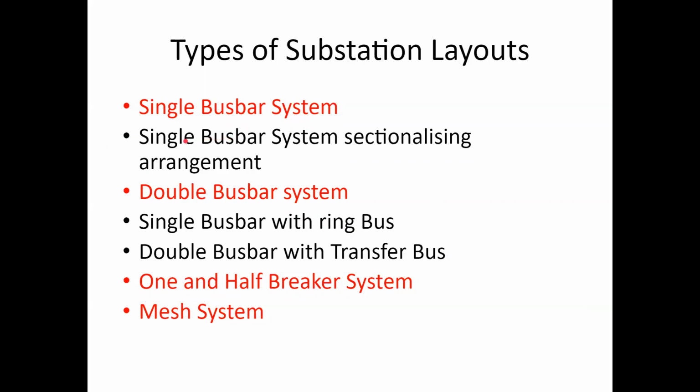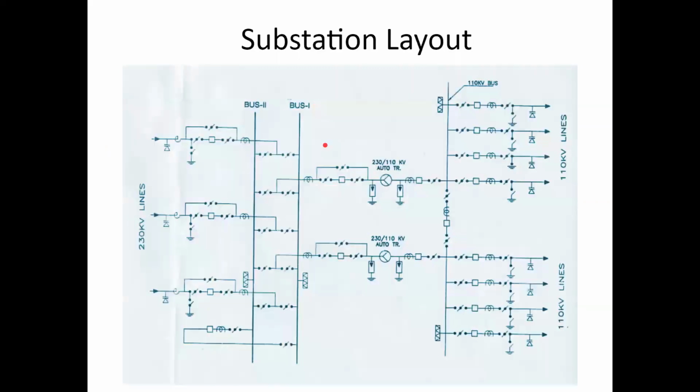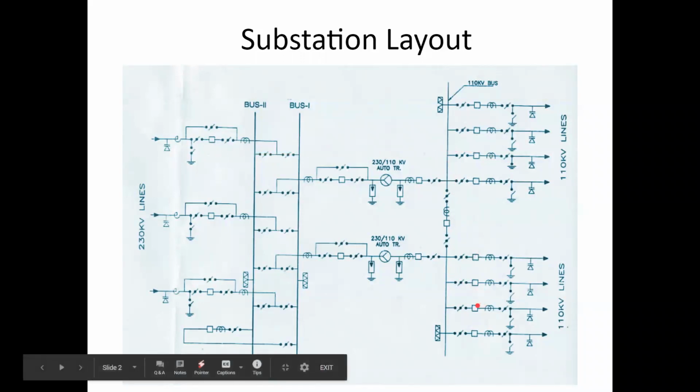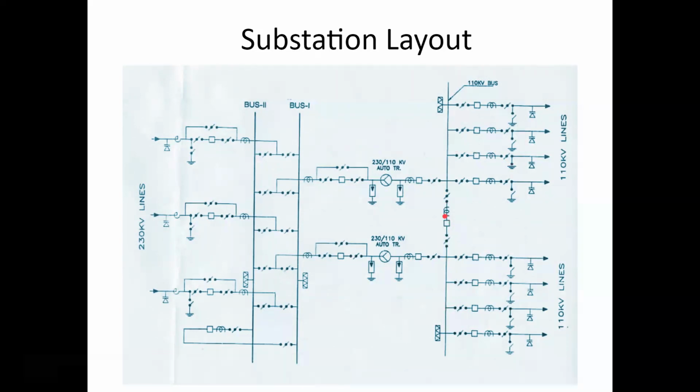Then there is a special type of single bus bar system with sectionalization, divided into sections. I can show you that example. Here it is a single bus, one section, then the second section. The bus is divided into two pieces.